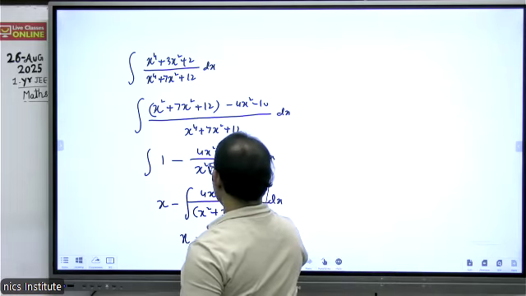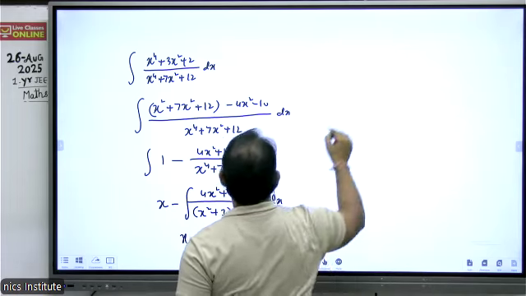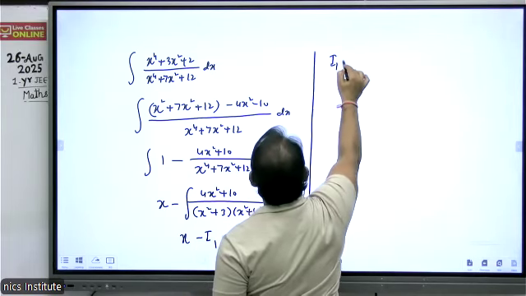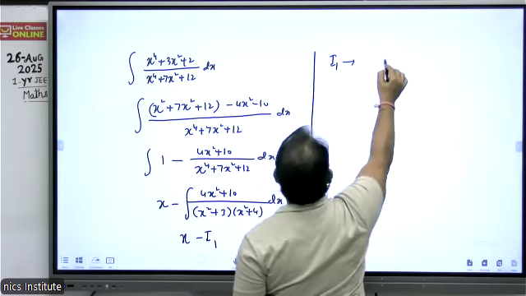Now pseudo substitution. For I1, you can make pseudo substitution.